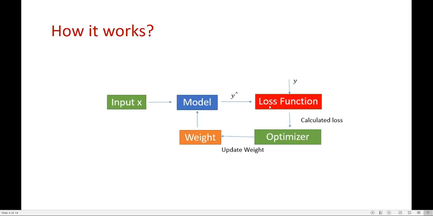So for each training example, the model will try to learn new things, and the optimizer algorithm will help it update the weights so that loss is minimum.